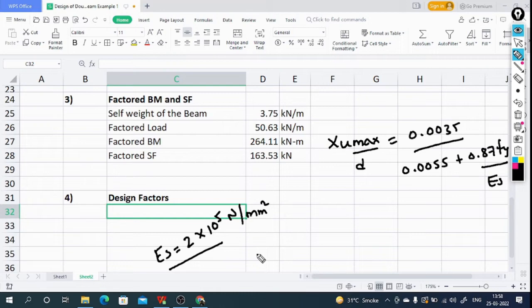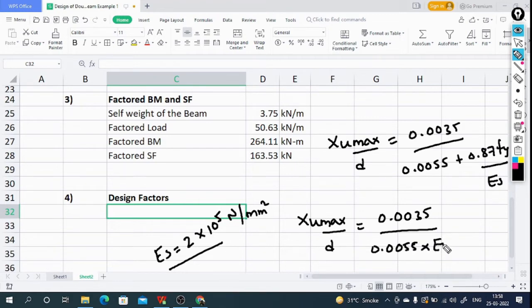Since it remains constant, we can substitute the value of Young's modulus here, and we shall rearrange the formula. xu max by d equal to 0.0035 divided by 0.0055 into Es plus 0.87 Fy divided by Es, and this Es we can take in the numerator side.